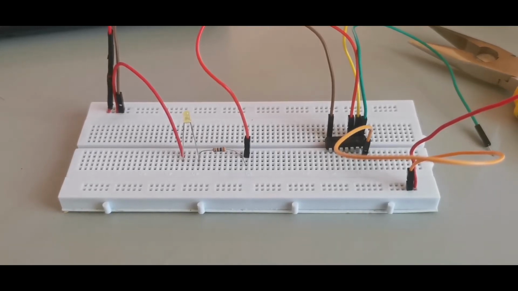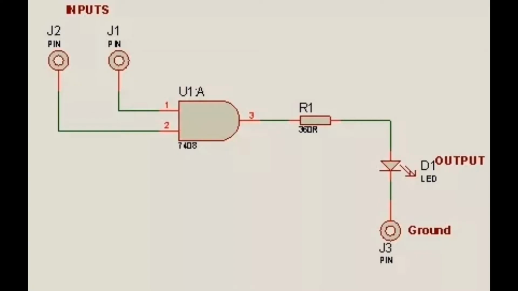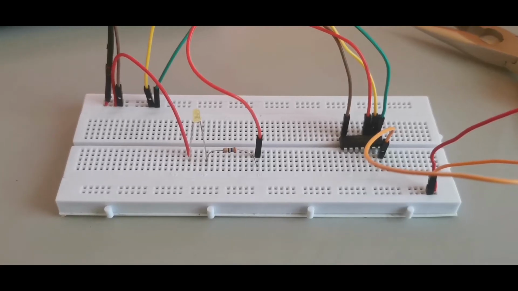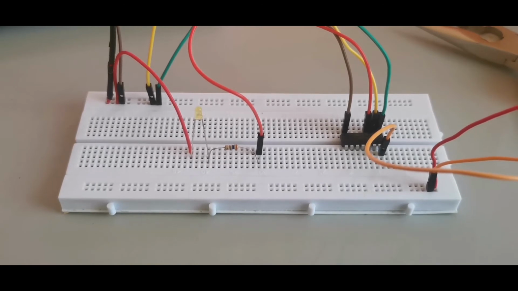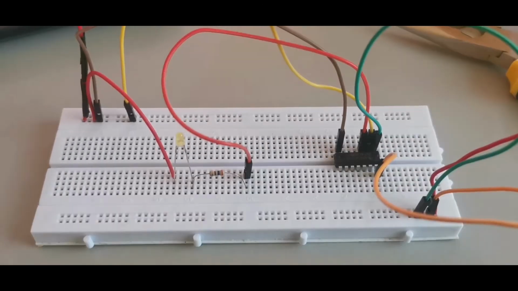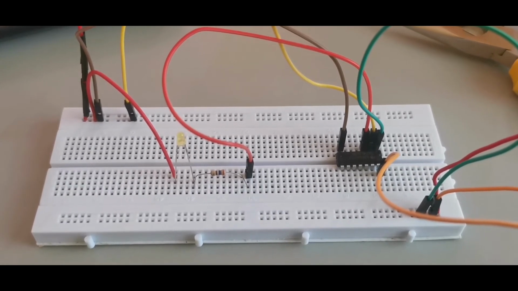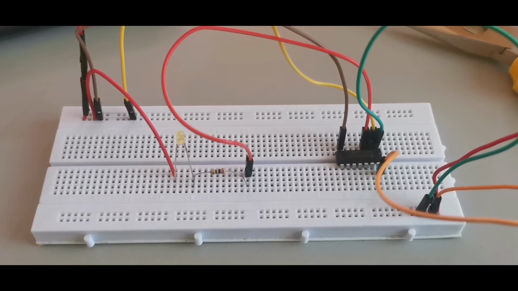Examining the basic operation of the 7408 AND gate. For the third part, we will follow this diagram to construct the circuit for the AND gate. If both terminals A and B are at 0, the output will be 0. If input A is at 0 and input B is at 1, the output will be 0.